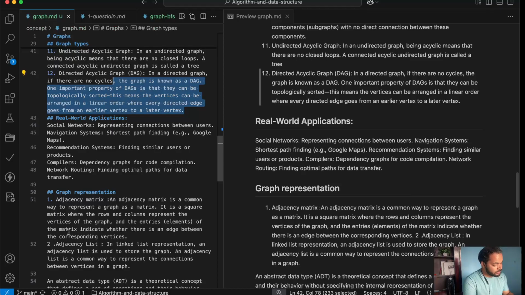If I create a matrix where I put all the relationships between these vertices, then it will show us this. The same thing we'll do in the matrix representation.